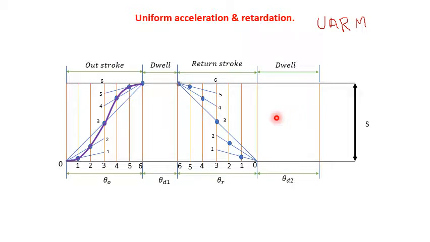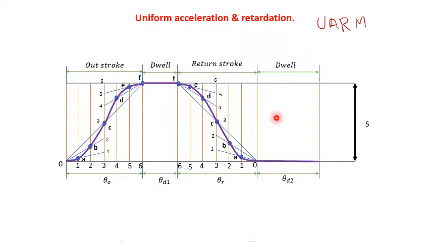Similarly, the fourth one, fifth one, and sixth one. So these are the cutting points which we got on the return stroke using UARM. Now we have to mark the cutting points as small letters a, b, c, d, e, f. Now using a smooth curve, we have to join all the cutting points like this.